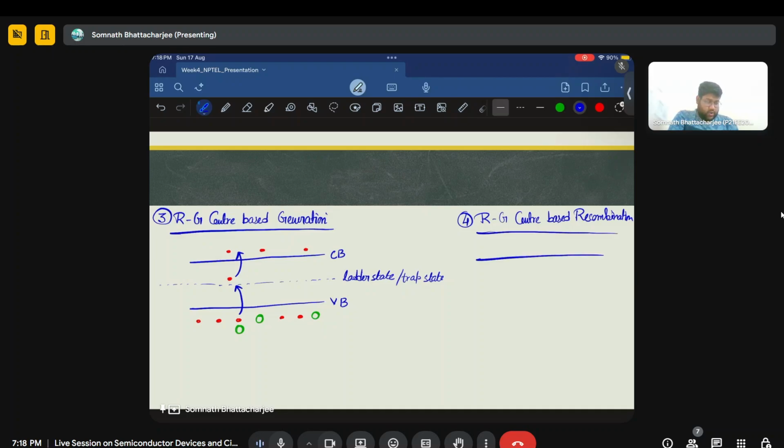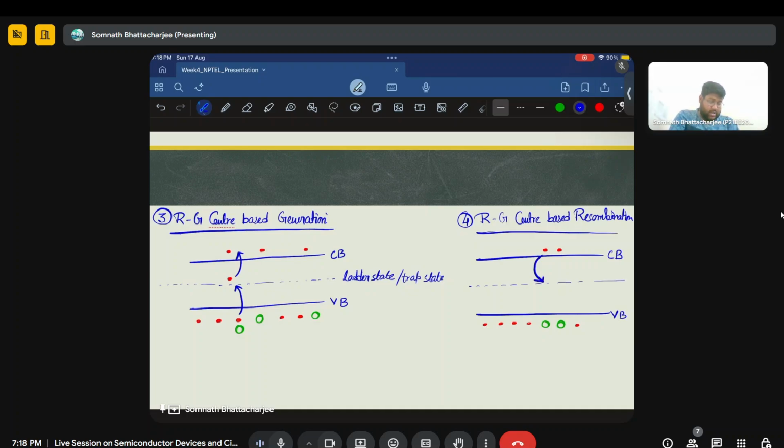This is also the same phenomenon, where we have the conduction band, the valence band, and another trap state or ladder state. Let's say we have this kind of structure.